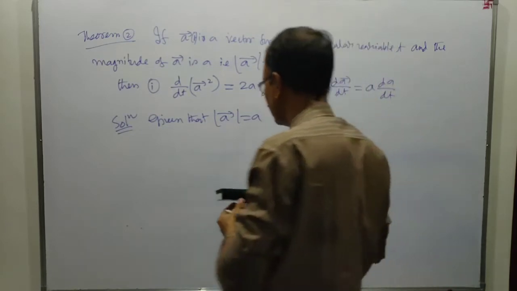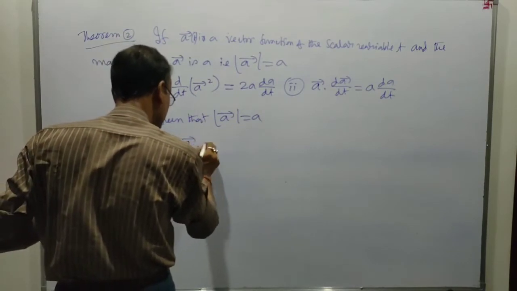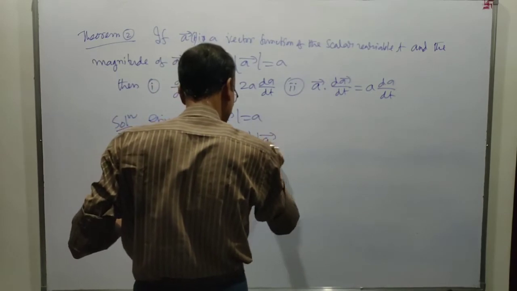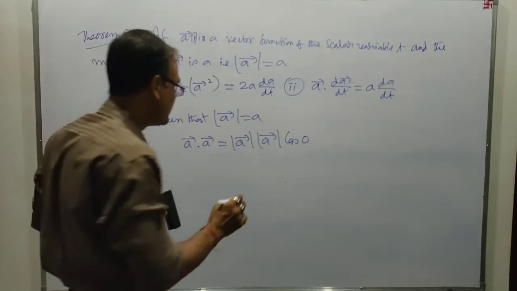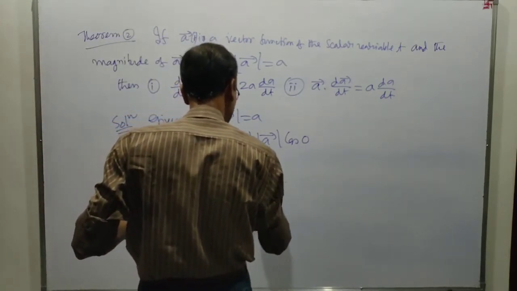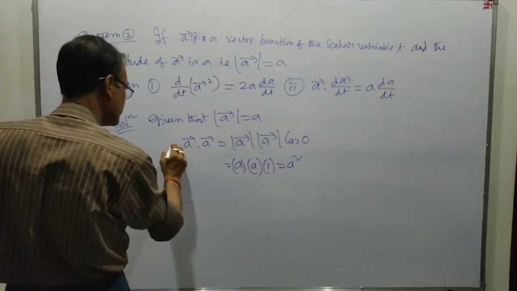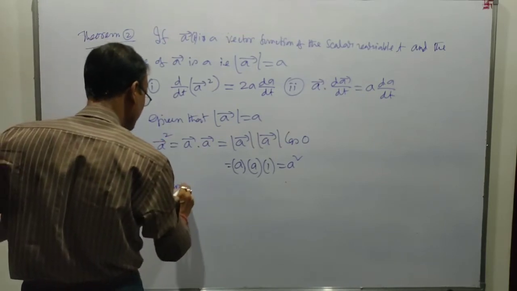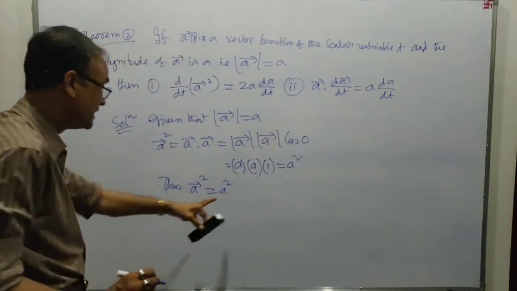Now, A vector dot A vector equals the magnitude of this vector into the magnitude into cos of the angle between the two vectors, which is 0. This is equal to a into a. Cos 0 means 1, equal to a square. This can be written as A vector square. Thus, A vector square equals a square. It is scalar.